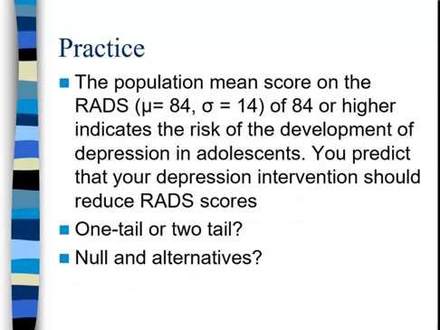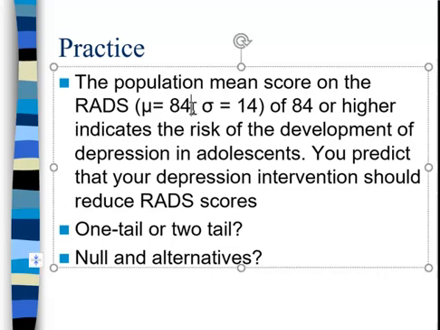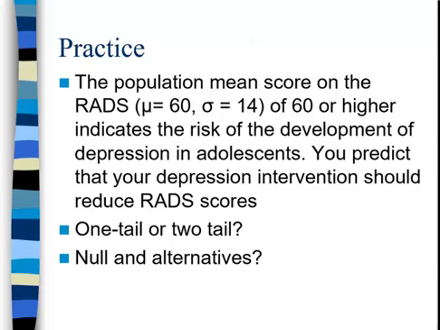The population mean score on the RADS is 60. Come on, man. What's wrong with me today? 60. I don't know where I got 84. 84 would be an incredibly high score. Anyway, the population mean score on the RADS is a mean of 60 with a standard deviation of 14.